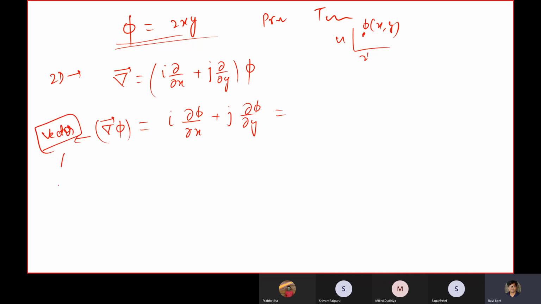This is a vector that points where your field is changing, where the field has the steepest slope. That's all you can tell.